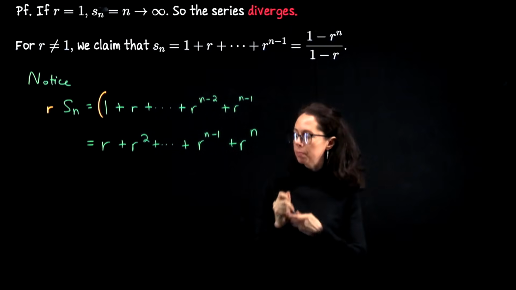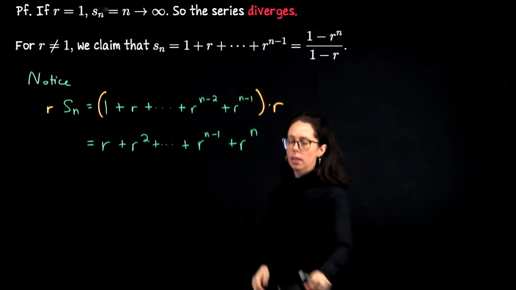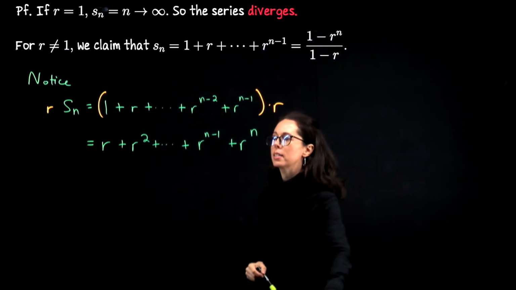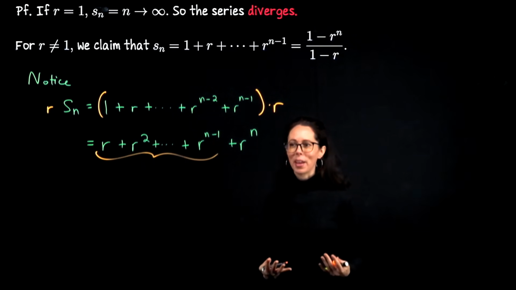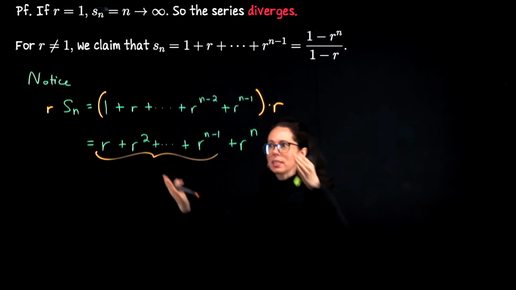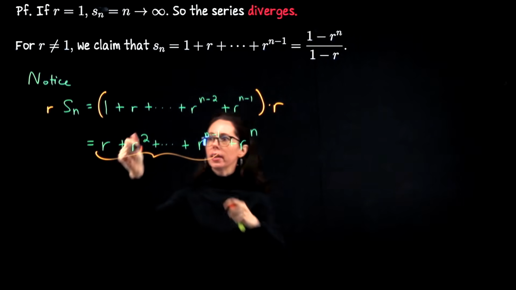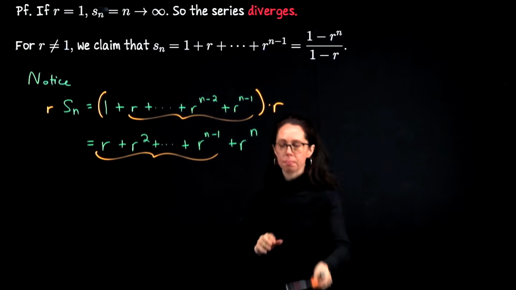Okay, but now if you look at this, it should look familiar, right? It's almost exactly what we started with, but we're missing the 1. So what I have here is what I have here in terms of matching the terms.